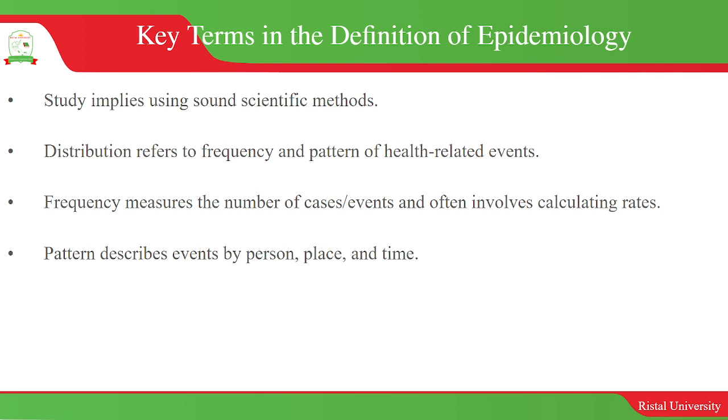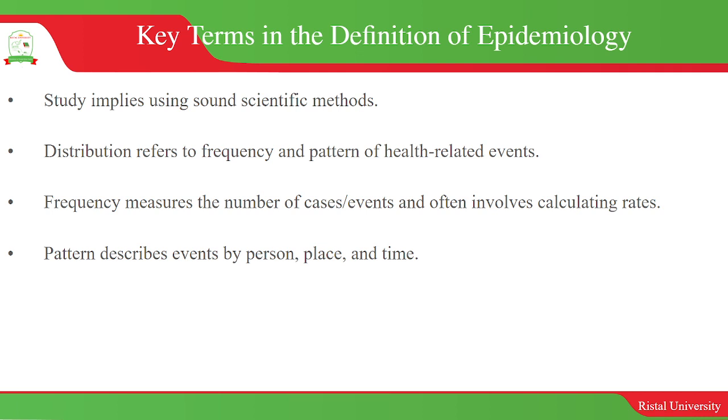Now, when we talk about pattern, we are answering three things: who, where, and when, which is basically time, place, and person. So if the health-related event is maternal mortality, women dying because of birth-related processes, of course we know that they are women, so we know the person. But what characteristic?